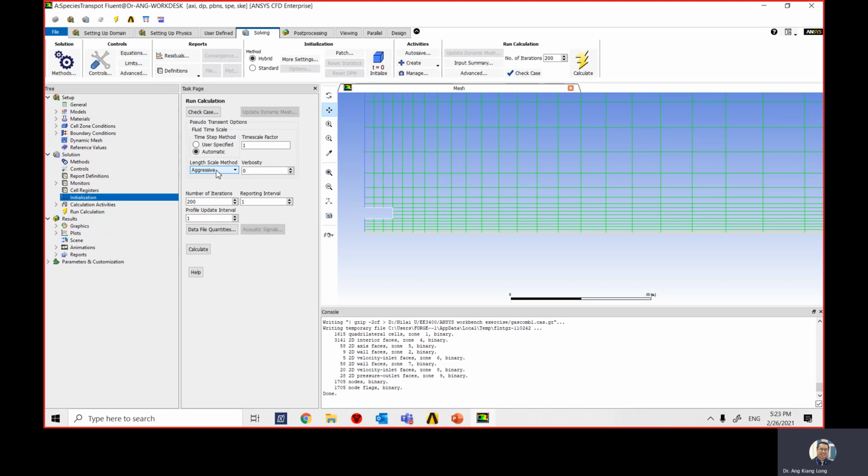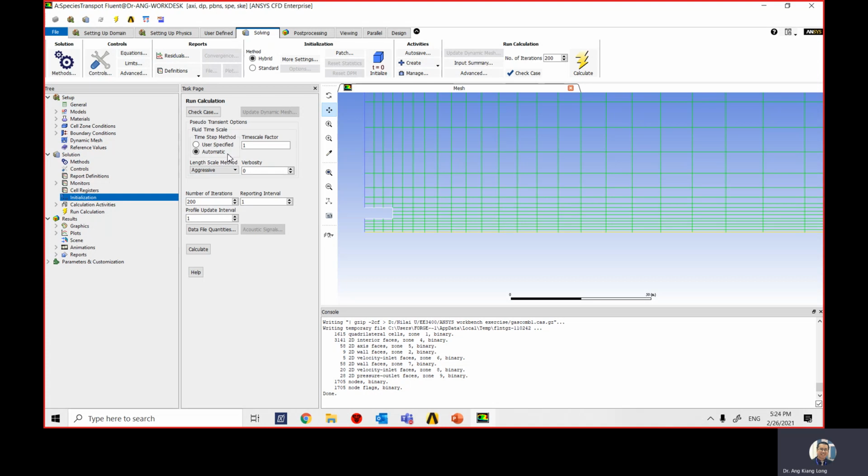When you use the automatic time step method, it will compute the pseudo transient time steps based on characteristic length and velocity scale of the problem. The conservative length scale method uses the smaller of the two computed length scales, emphasizing solution stability.